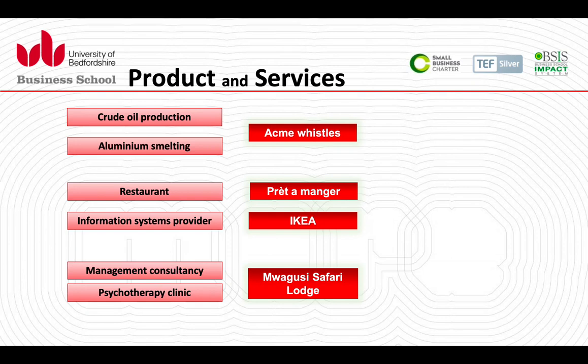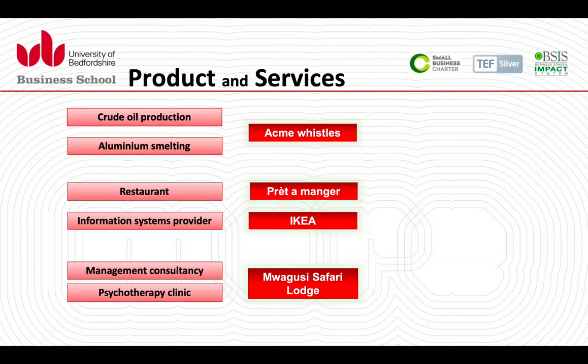So for example, we can see these 4 different businesses, including the Preda Manga, for example, Akia, Acme Vessels, and the Mugwasi Safari Lodge. So these are different nature businesses. So one is doing, let's say, the Akia is very famous for the home furniture. Preda Manga or Preda Manga is basically a coffee shop.